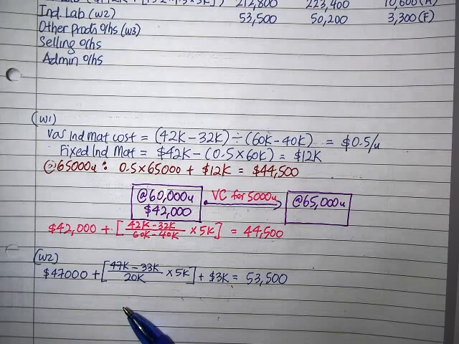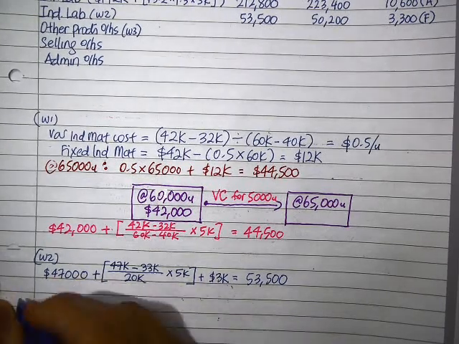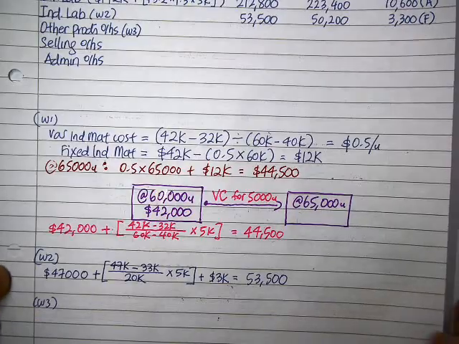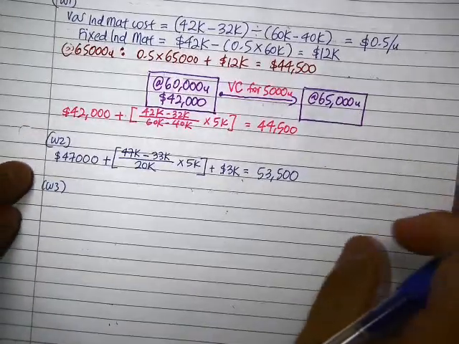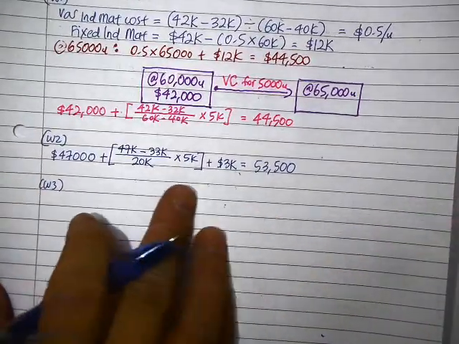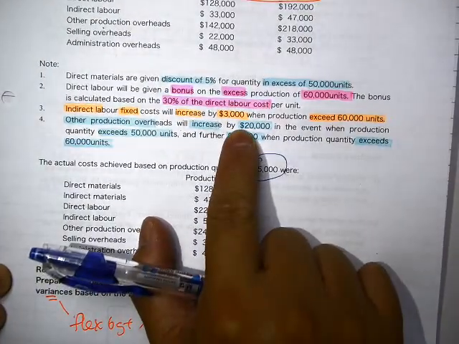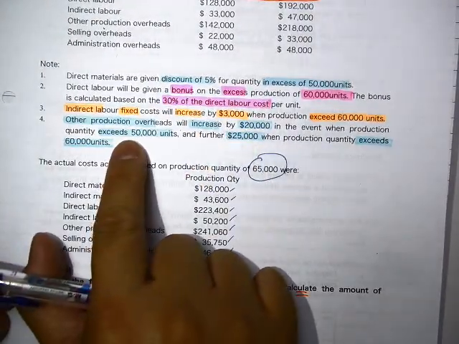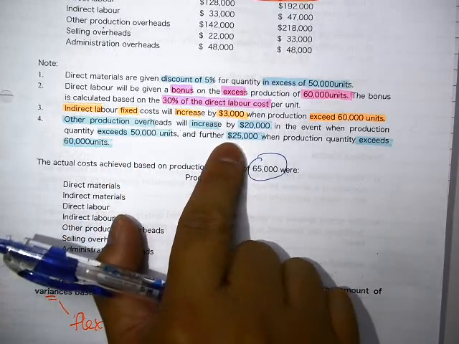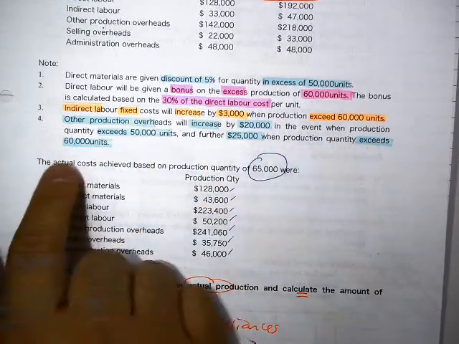Now, see, the only issue we have here with the other production overhead is the mention that the overhead increased by 20 when they exceed 50. Then they will increase another 25 when they exceed 60.